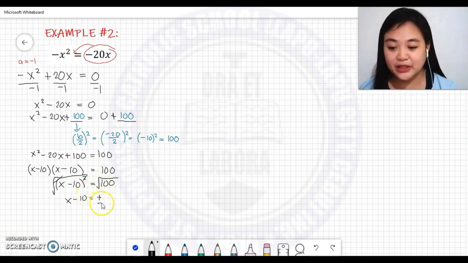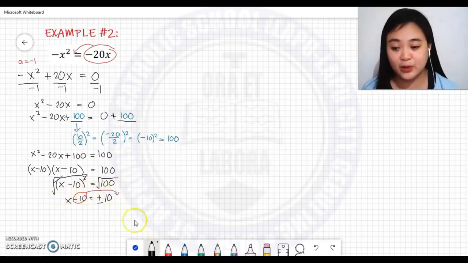The answer is, yes, you're right: positive or negative 10. Now, at this moment, we're going to transpose negative 10 to the other side so that the only term left on the left side of the equation is x.